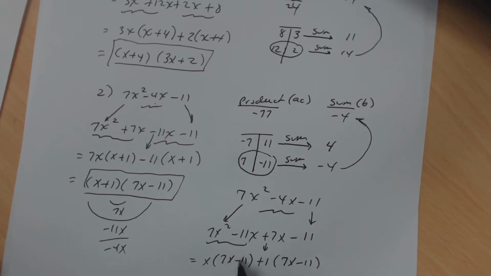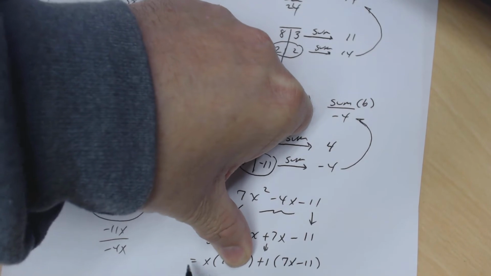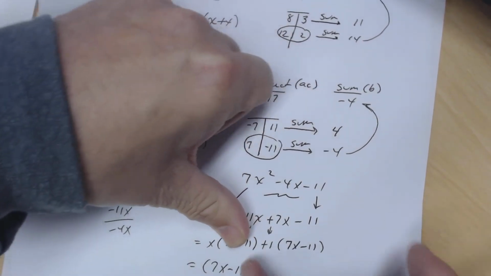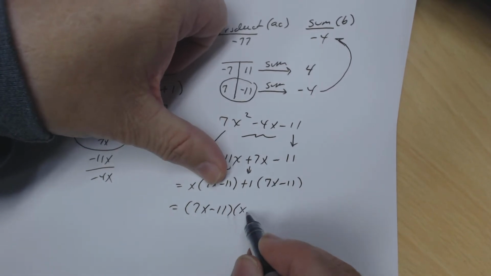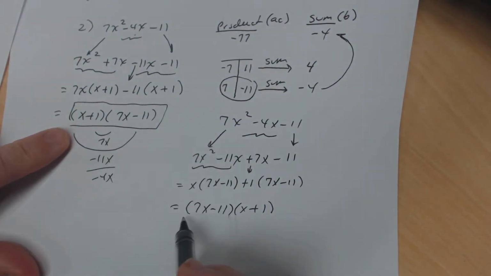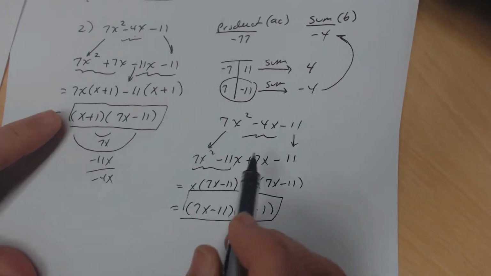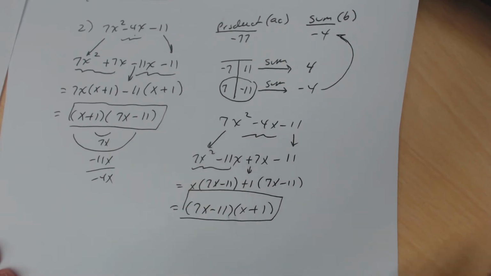And when I factor out the 7x minus 11, I'm left with x. So when I take this out, I'm left with x. Oops. Let me do this. So I'm left with x plus 1. And that's what we got here. Okay? So it does not matter in which order you put these for the middle term.